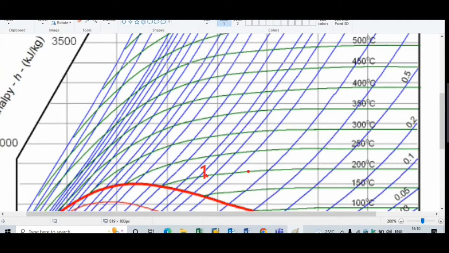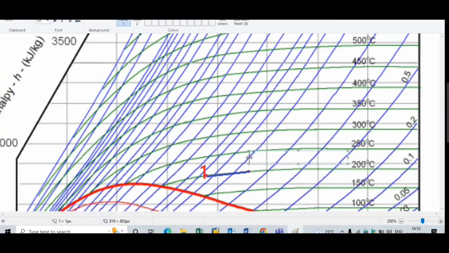I will use a different color here and I will extend this for the constant enthalpy. So this middle point is the point for the pressure of 3 bar. So this point is known as point number 2. So we give here the number 2.